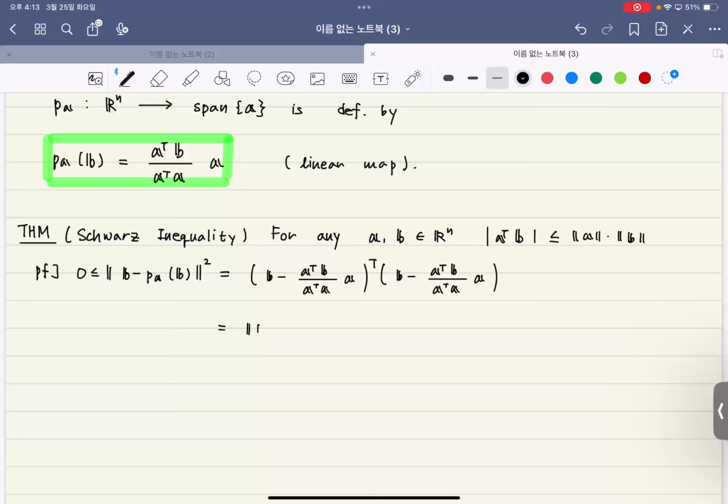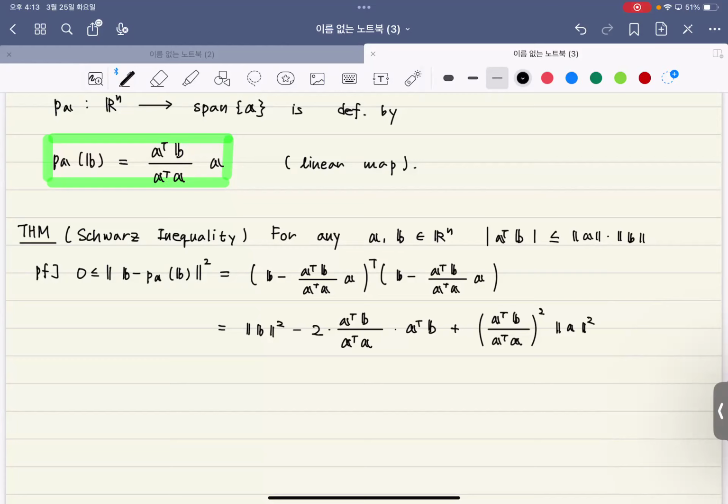This is the norm of B squared, minus 2 times A transpose B over A transpose A times A transpose B, plus A transpose B over A transpose A, everything squared, times the norm of A squared.